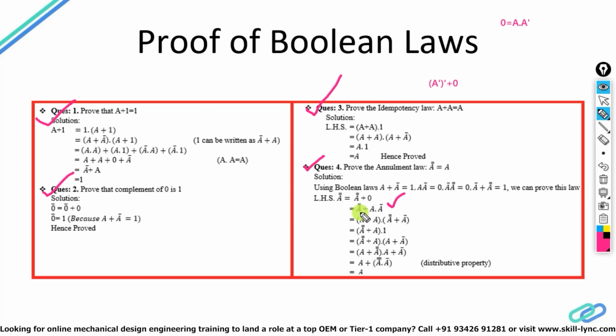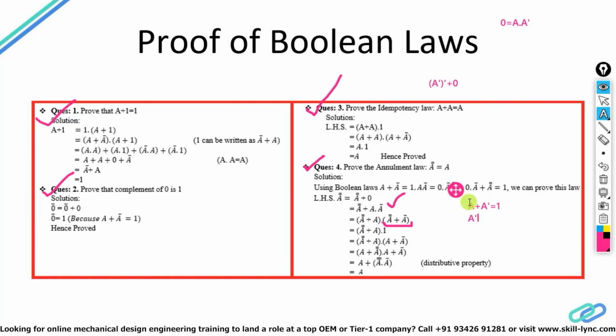After that, A double bar plus A, because this thing is equal to 1. Understand this: as we know, A plus A bar equal to 1. Now I am taking not A but A bar as the number.